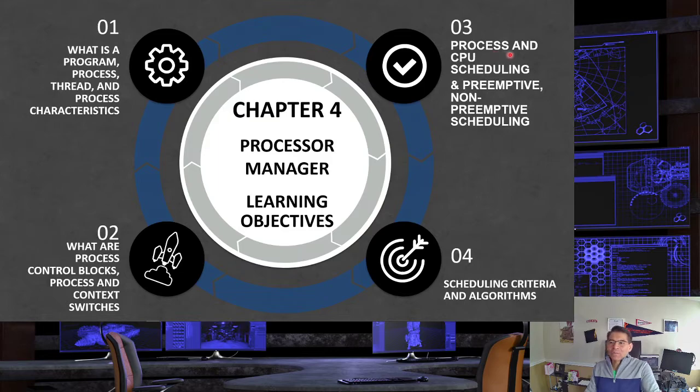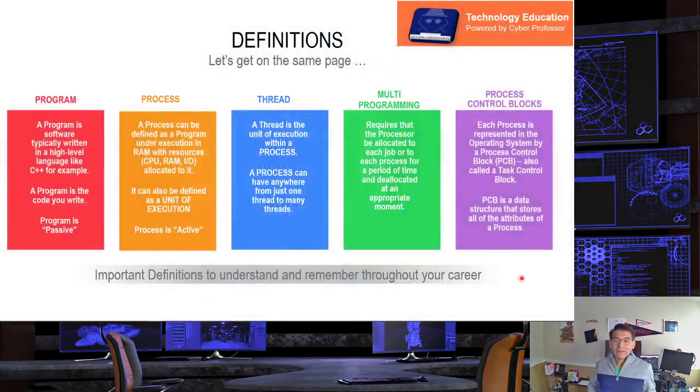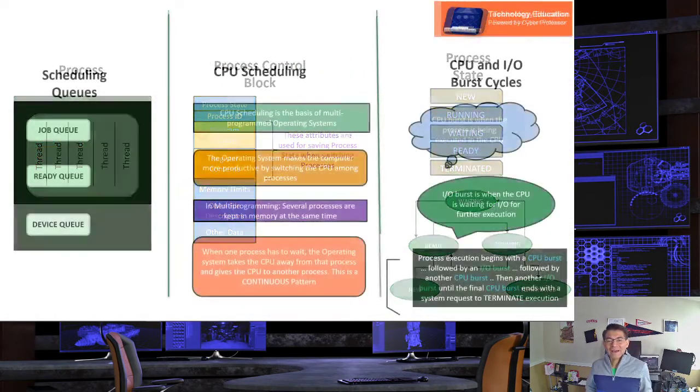Then we talked about process and CPU scheduling, preemptive and non-preemptive scheduling, and finally we listed some of the scheduling criteria and algorithms that are part of our chapter.